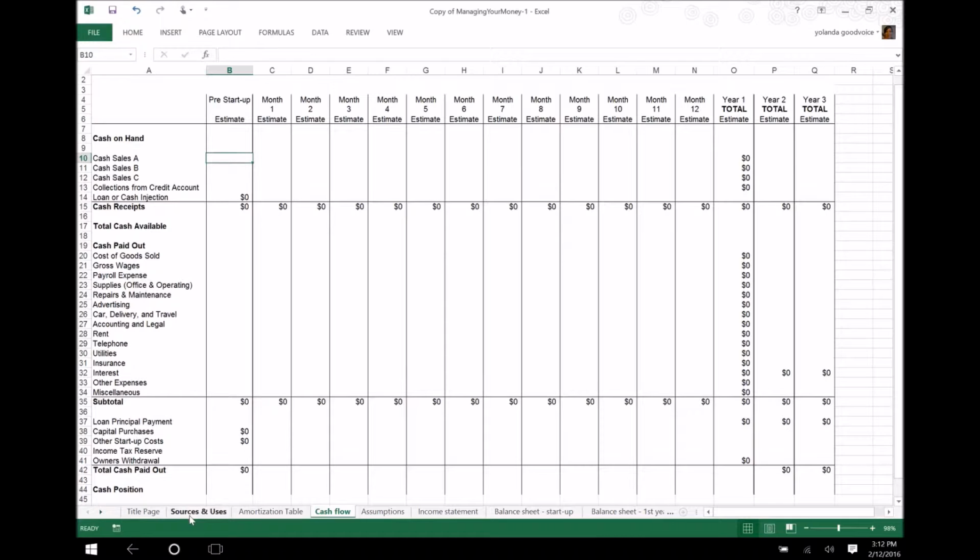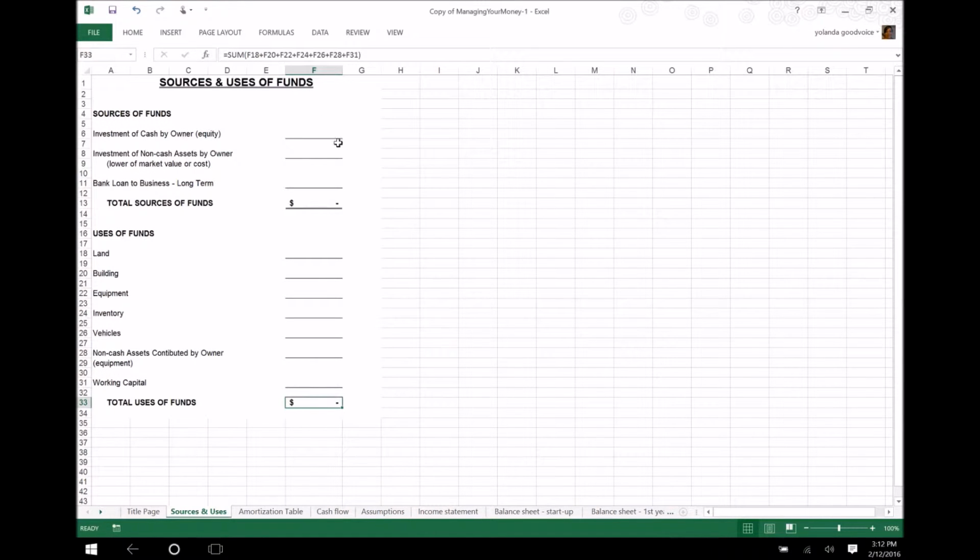If I do put anything in my sources and uses tab, let's say this is 10,000, because I have cash match, and then I have 4,000 equipment match. Well, let's say I have a loan, $5,000. Let's say that is matching 5, and then I have another 5 here.